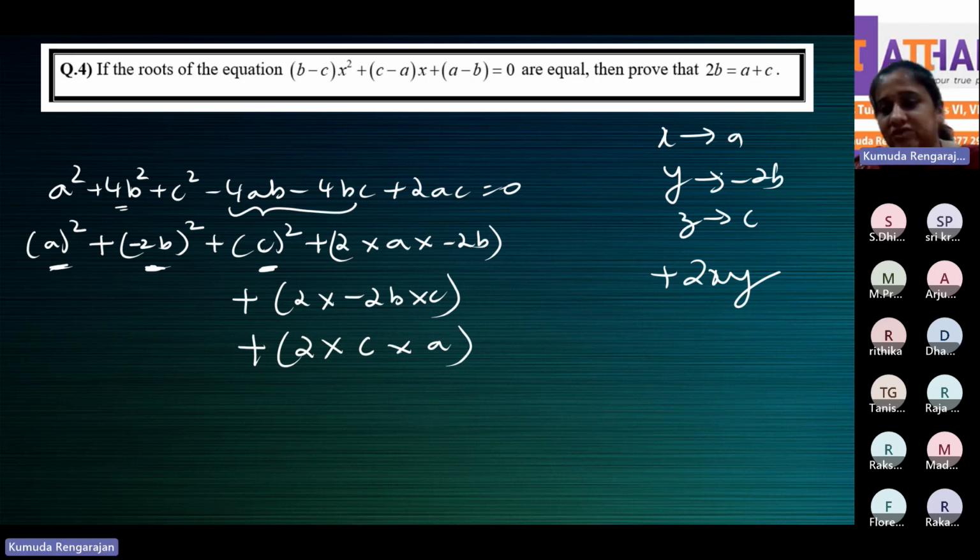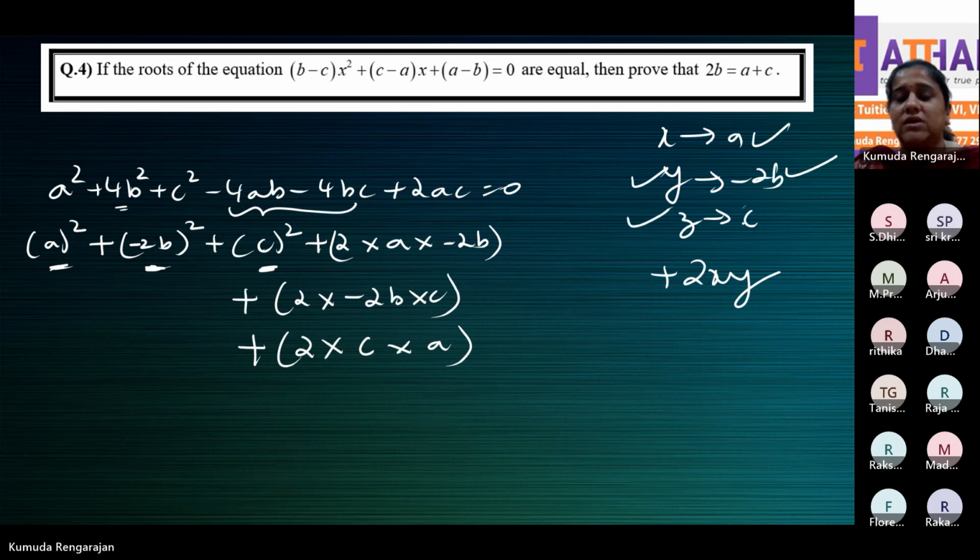After identifying the x, y, and z terms, how do you write 2xy, 2 into x into y, plus 2yz, 2 into y into z, and then 2 into x into z.